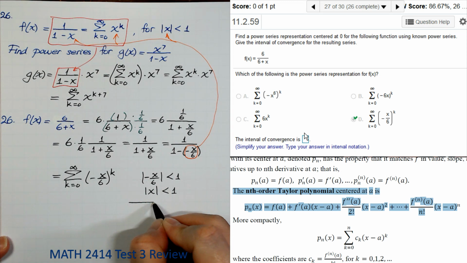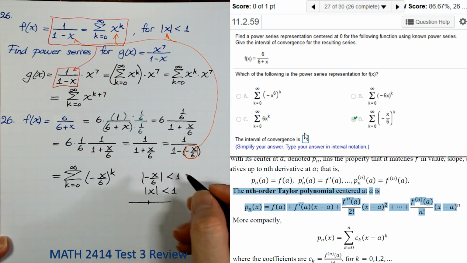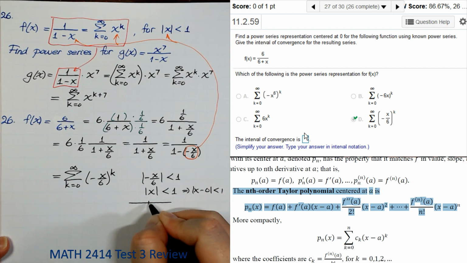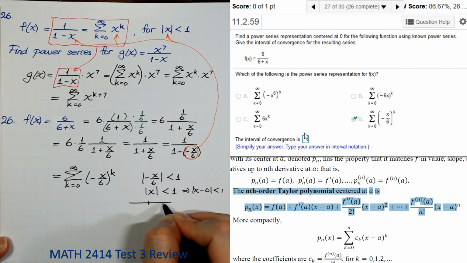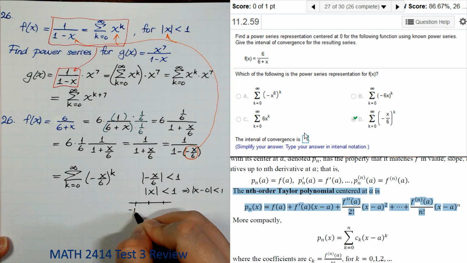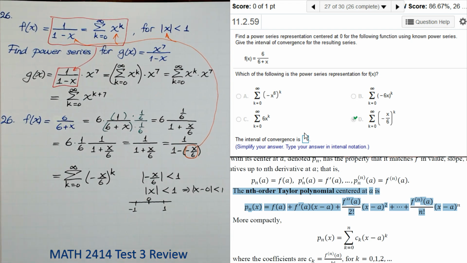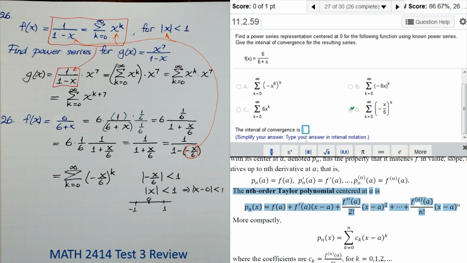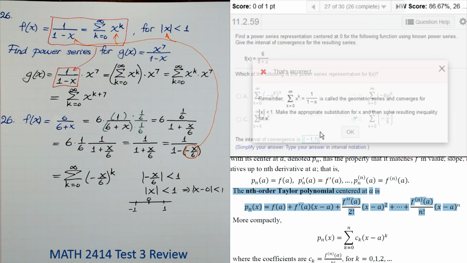And if we're going to draw it, this is the same as x minus 0. So pretty much absolute value of x less than 1, meaning it is between negative 1 and 1. Yeah, 1 to the left, 1 to the right. So negative 1 to 1, and we know that we're not going to include the 1. So parentheses both ways.